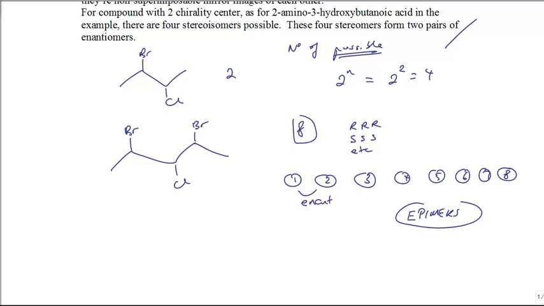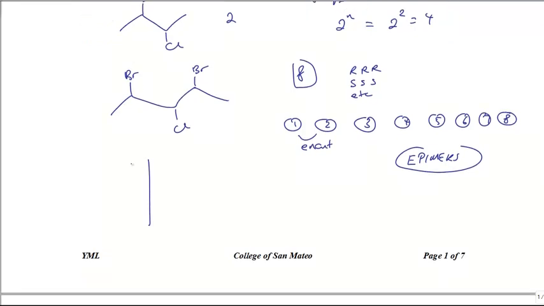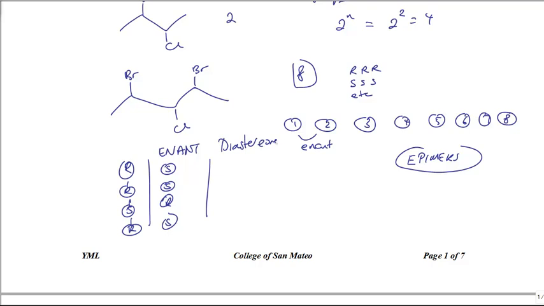So if you had something that's got R, S, R, what would its enantiomer be? S, R, S. And what if you had something like this, diastereomer? Anything really. Just change one, keep that one the same, and keep that one the same. Does that make sense? That would be a diastereomer.